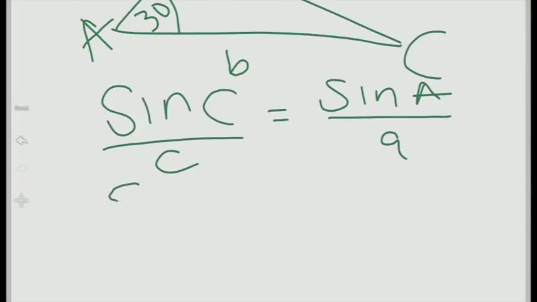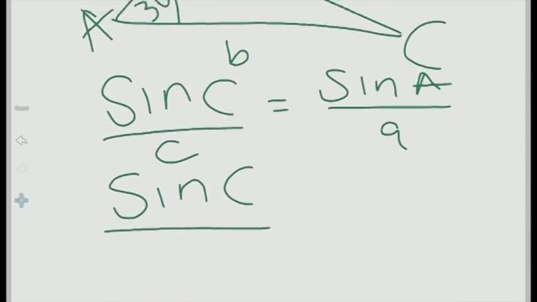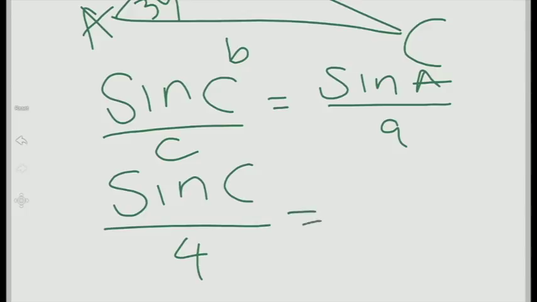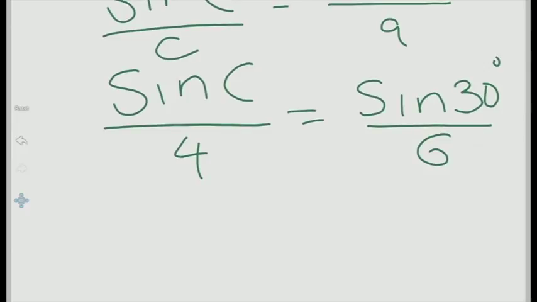Angle C, we have sine C over side c, which is 4, equals the sine of A, which is 30 degrees, over 6 centimeters, which means sine C is 4 sine 30 over 6.